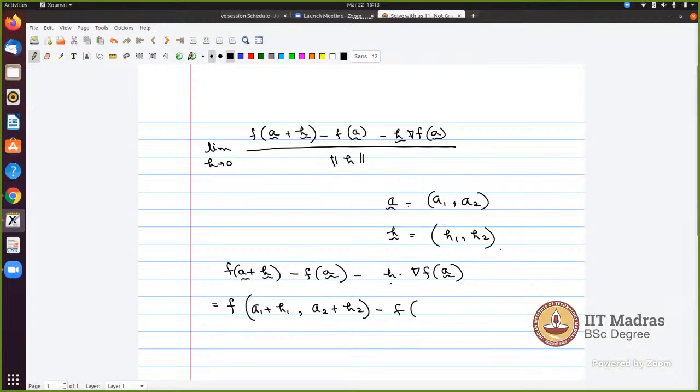Minus (a1, a2), minus h dot the gradient. The gradient of f at a is the vector (fx at a1 a2, fy at a1 a2).